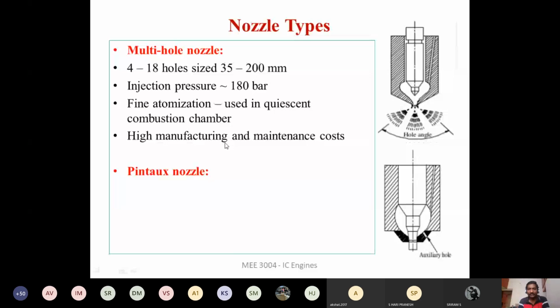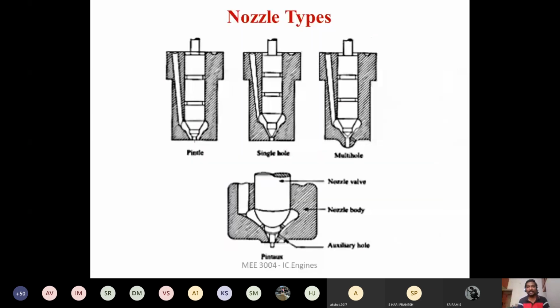So all the 4 combinations of the fuel injector nozzle are shown here. The fuel injector with an orifice with a single hole, and the second type is with the pintle. The needle is there projecting outside.